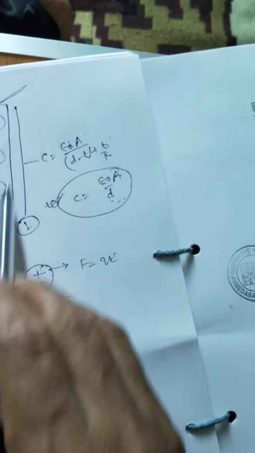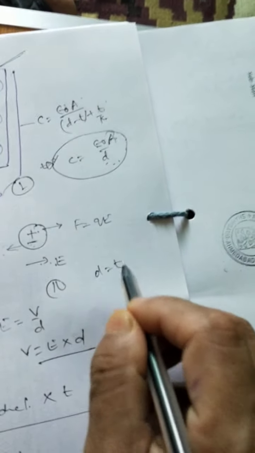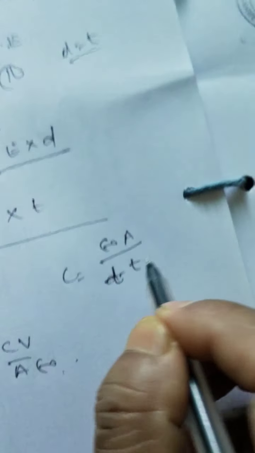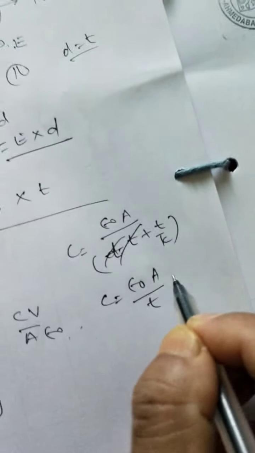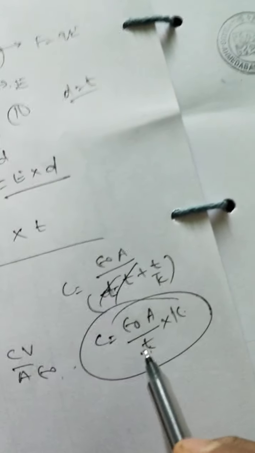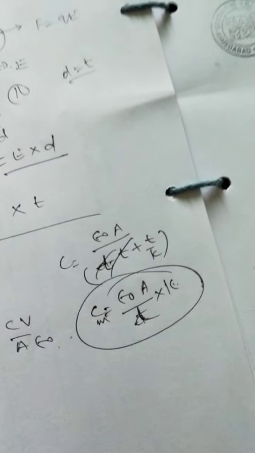Case second. Suppose the whole space between the two plates is filled with a dielectric slab, meaning D is equal to T. So in our formula again, C is equal to epsilon naught A by D replaced by T, T minus T plus T by K, and then C is equal to epsilon 0 A by T into K. So C is equal to epsilon 0 A by D by K. This is C medium.